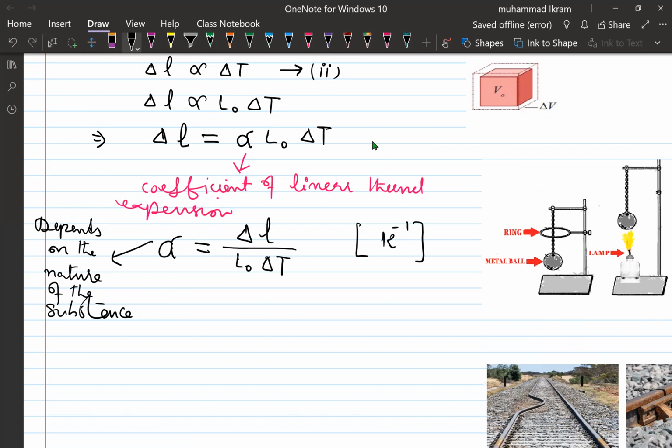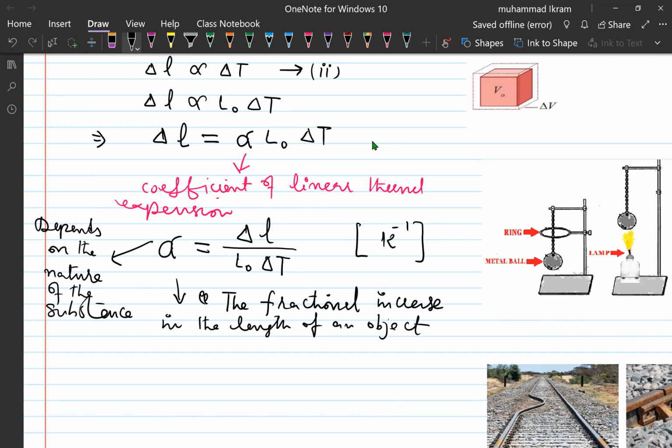And how can we define this? We can define this as the fractional increase in the length of an object per unit rise in temperature.